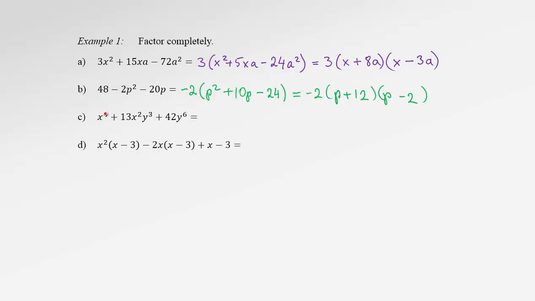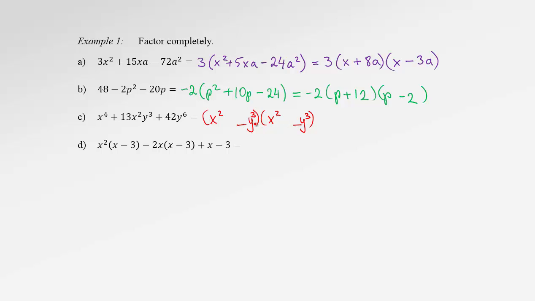The following example has higher powers, but since the first term and the last term have an even power, and the middle term is the product of those powers, we can still factor the same way as before. Prepare two brackets, take the square root of x to the 4, which is x squared, in both brackets for the first term, and the last term must involve y cubed, because y cubed squared is y to the 6. So it must be y cubed for sure, with some coefficient in front of it.